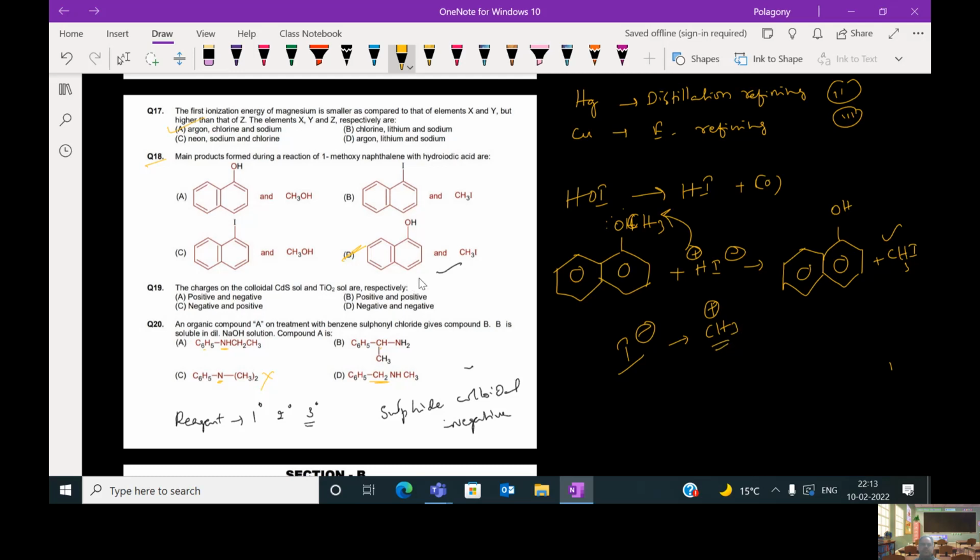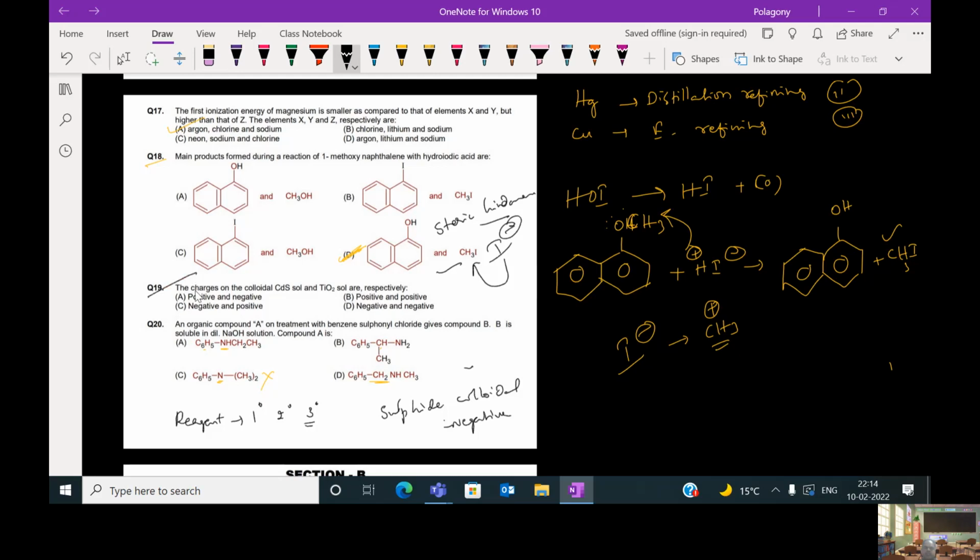One of the reasons is steric hindrance also, and the size of the iodide is also bigger, and the naphthalene is also bigger. So iodine prefers the methyl carbocation.